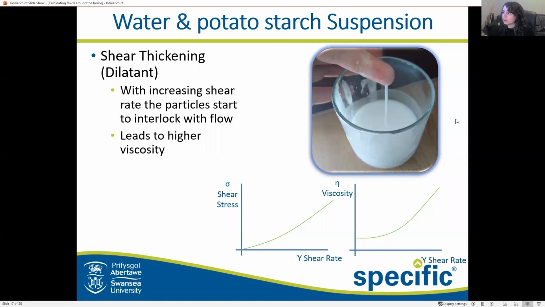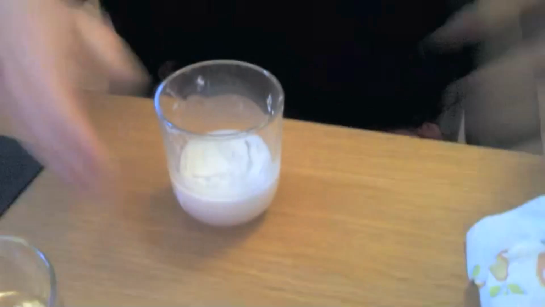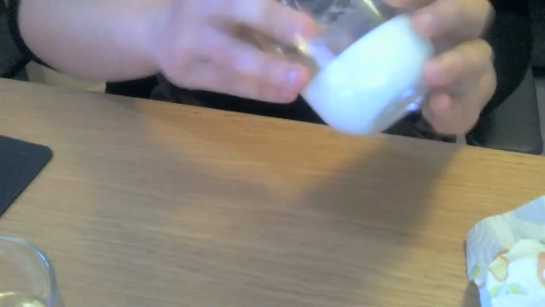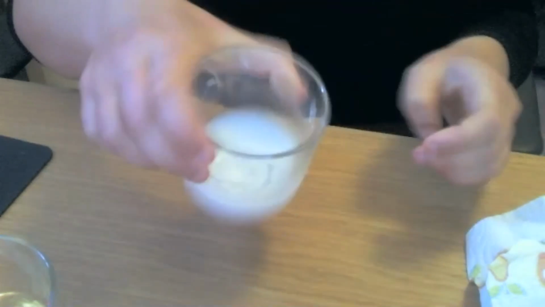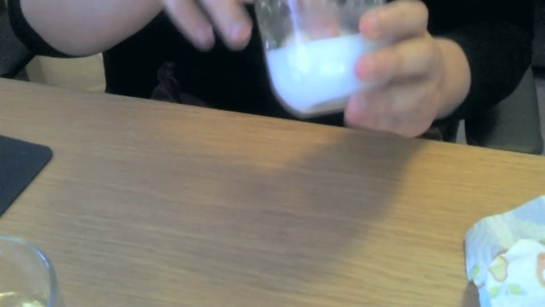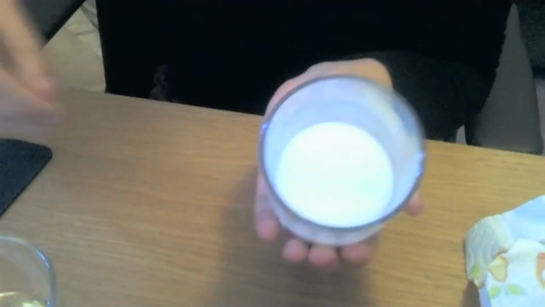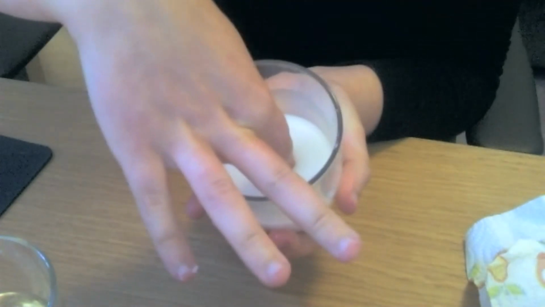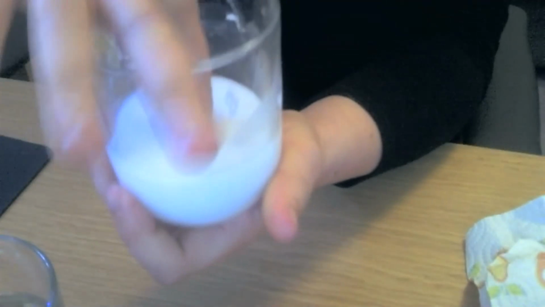So if I stop sharing and go back to my screen, here I have a cup of my potato starch and water, which if I were to hold up here and gradually push my finger through, it will allow me to get my finger in.